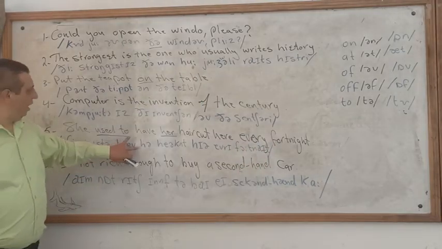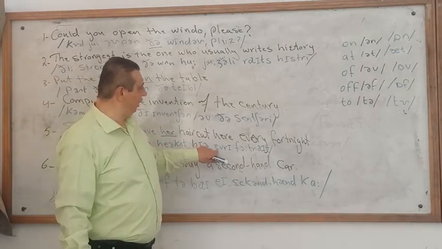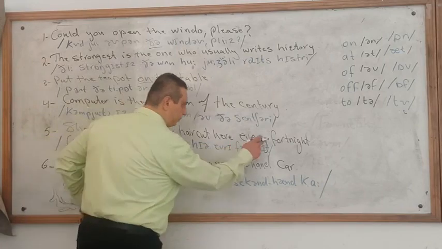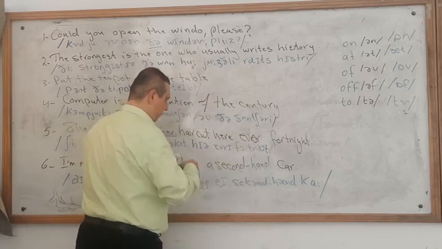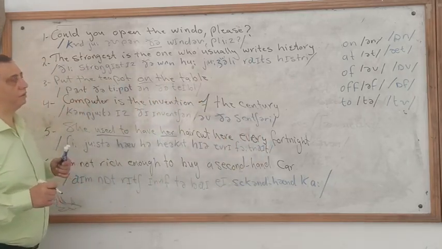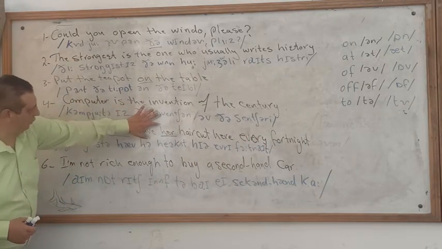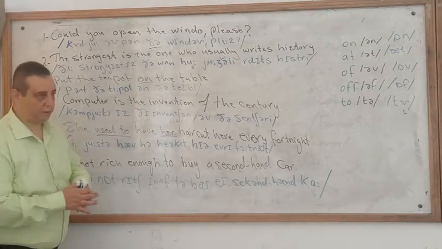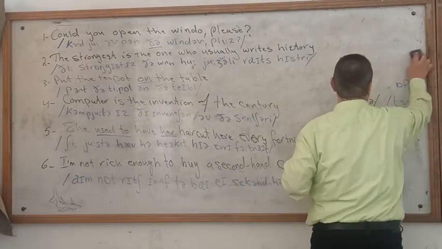She used to have her hair cut. Here, every fortnight. So here we have two things that I need to deal with. Used to, we will talk about it, and the preposition have.